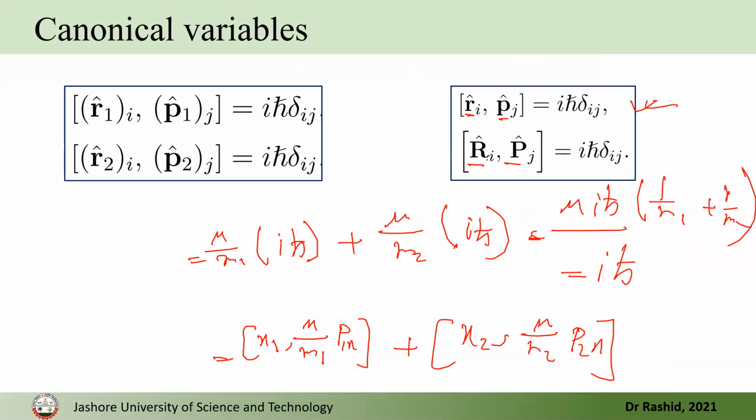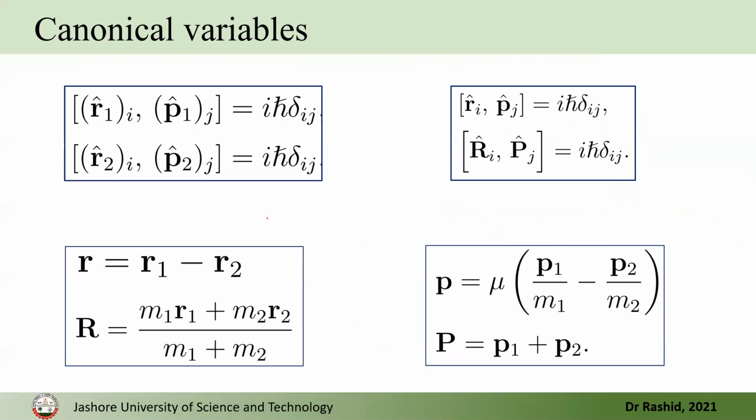Similarly, it can be shown for the capital R and capital P that they hold the canonical commutation relation. So we have a new pair of variables, and they also satisfy the canonical commutation relations.